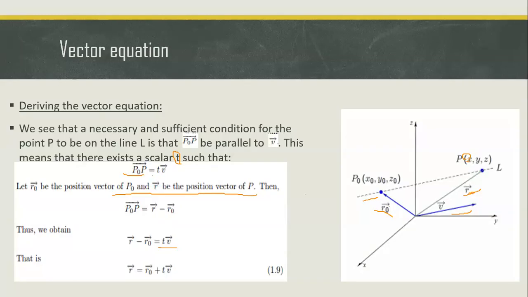And we rearrange it to make vector R the subject. And here we have the equation: vector R is equal to vector R0 plus the scalar t times vector V. So this is the equation that we will use for the vector equation.